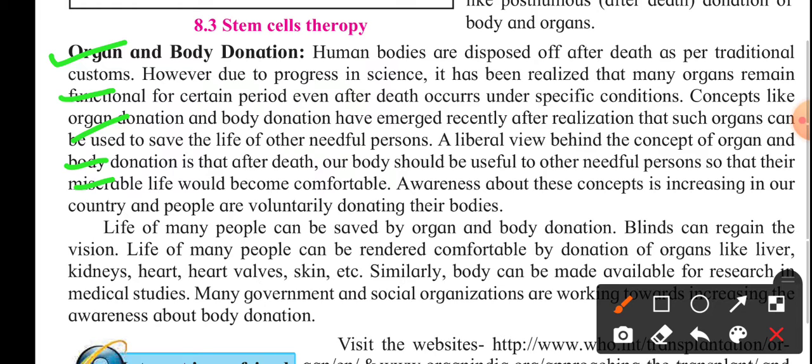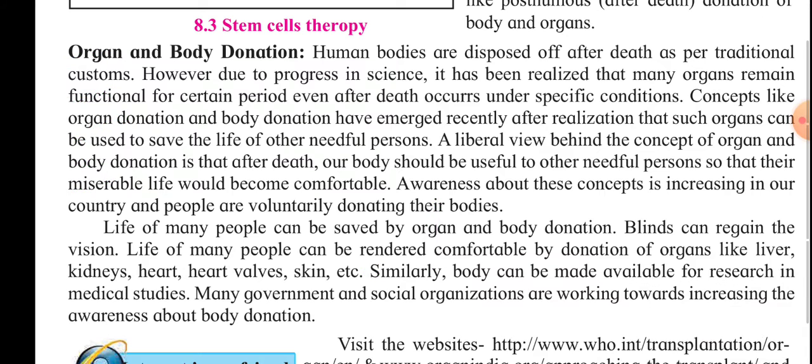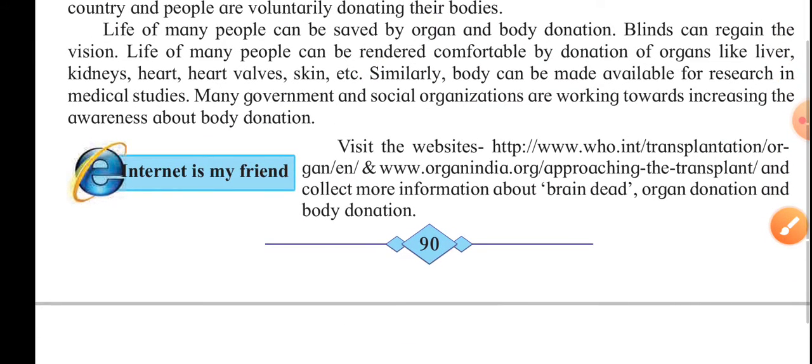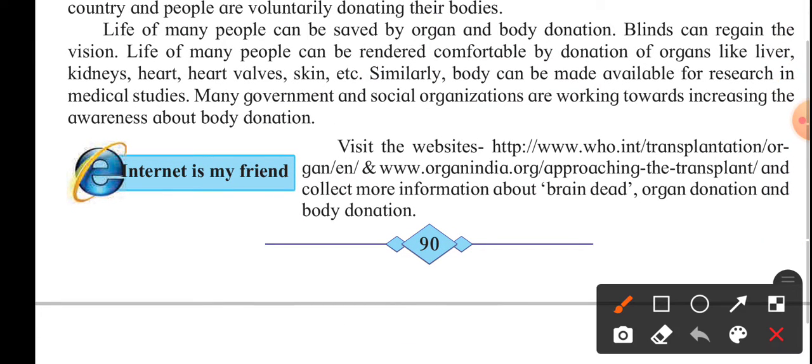So we should go for body donations or organ donations. After that, the lives of many people can be saved by organ and body donations.